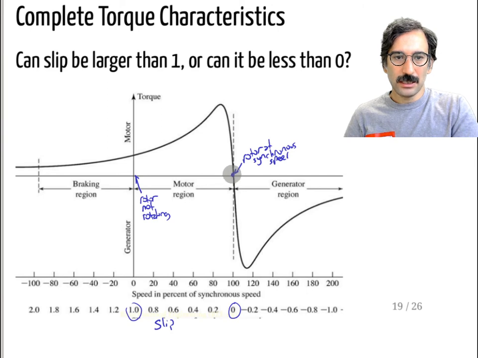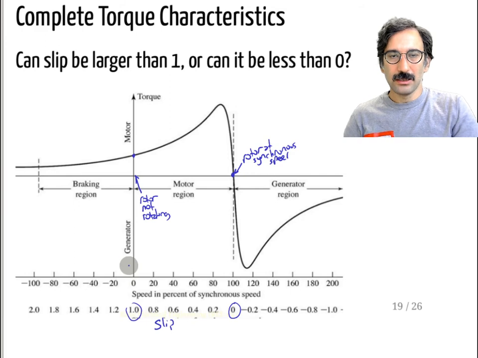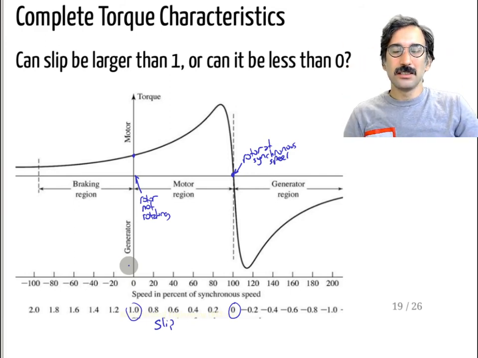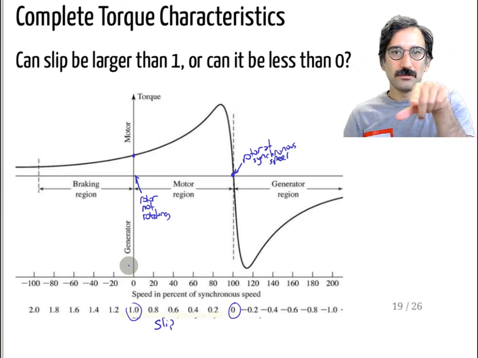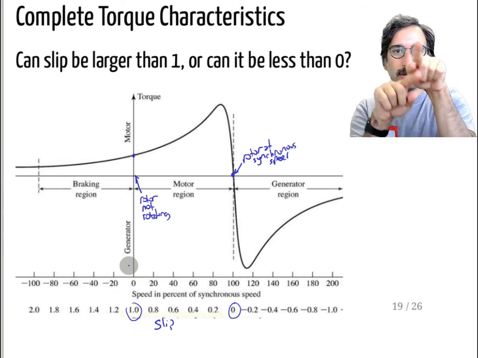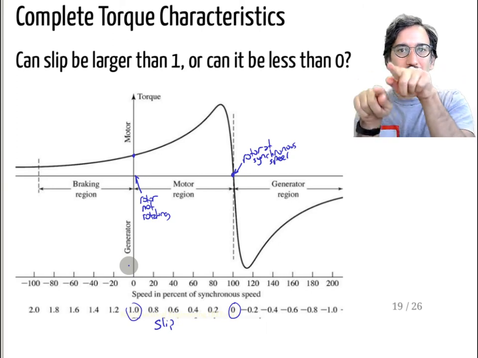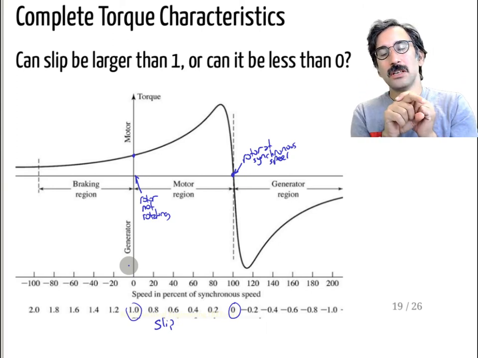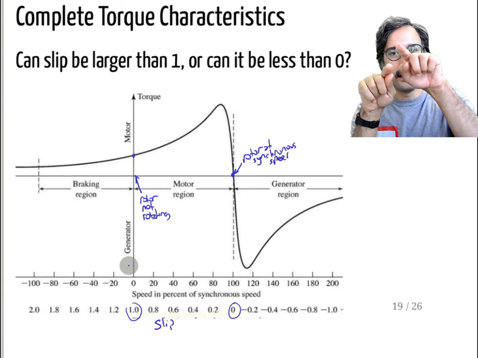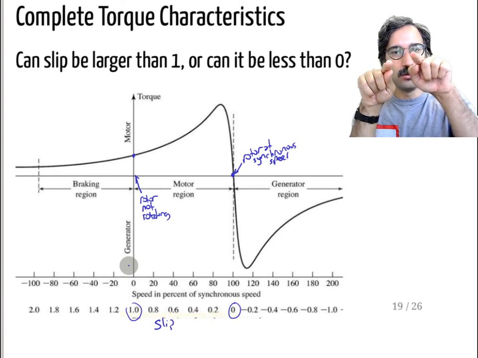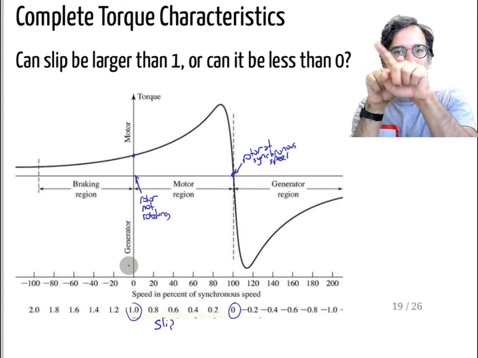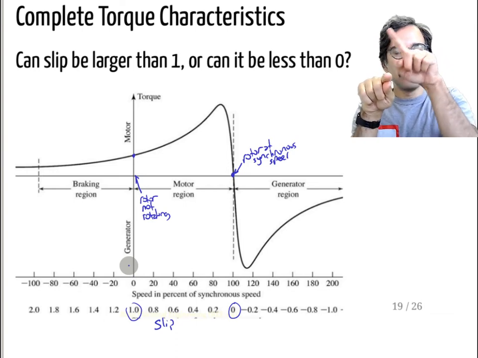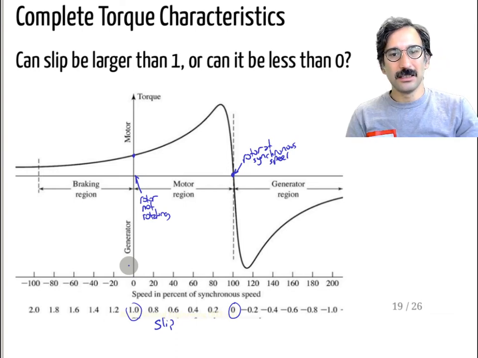So again, if the synchronous speed is rotating at 50 Hertz at one condition, and if my rotor is rotating at the same speed, then there's no voltage induced in the rotor. And if my rotor is not rotating, and my stator field is rotating at 50 Hertz in one direction, then we are at that point.